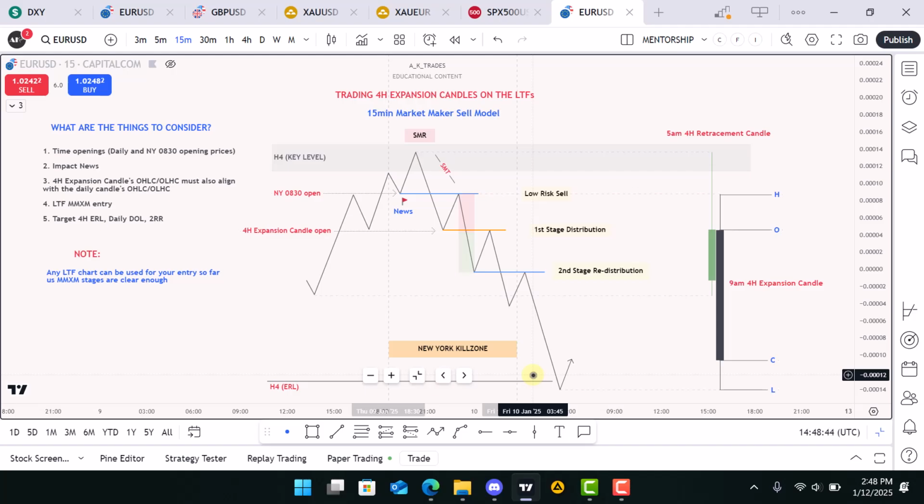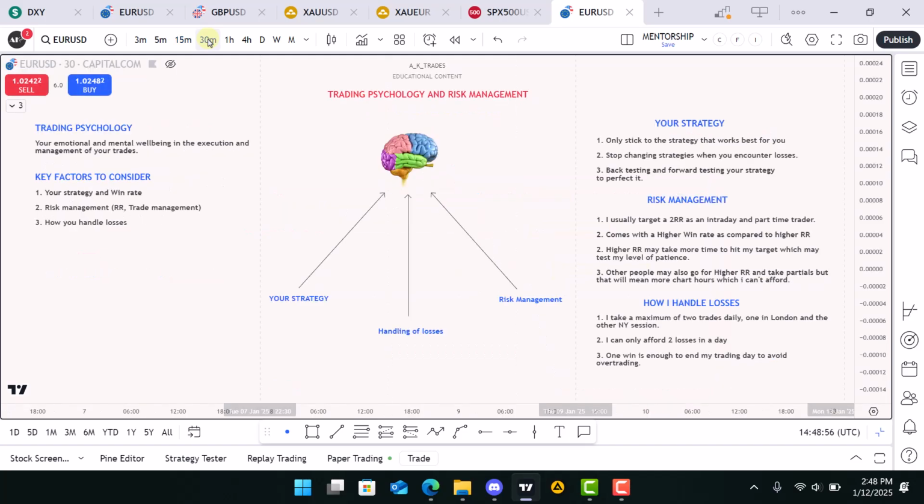Now, irrespective of how good your strategy may be, there are certain factors that play significant roles in achieving success in trading. And this brings us to your trading psychology and your risk management.